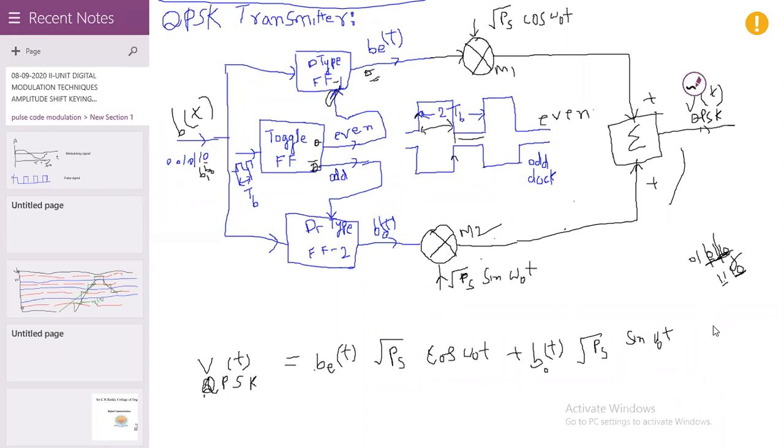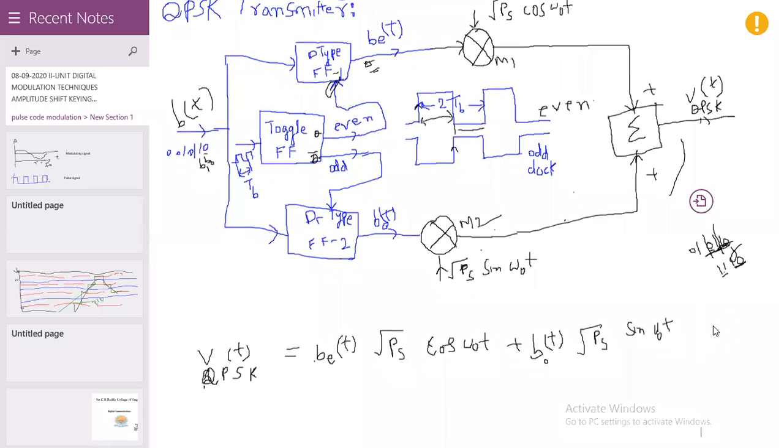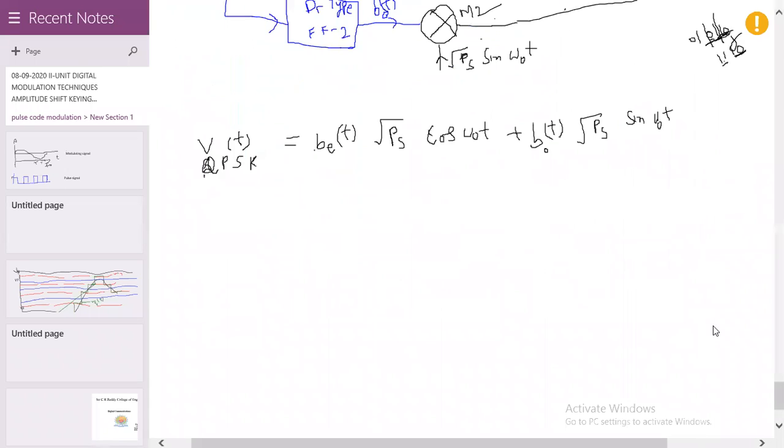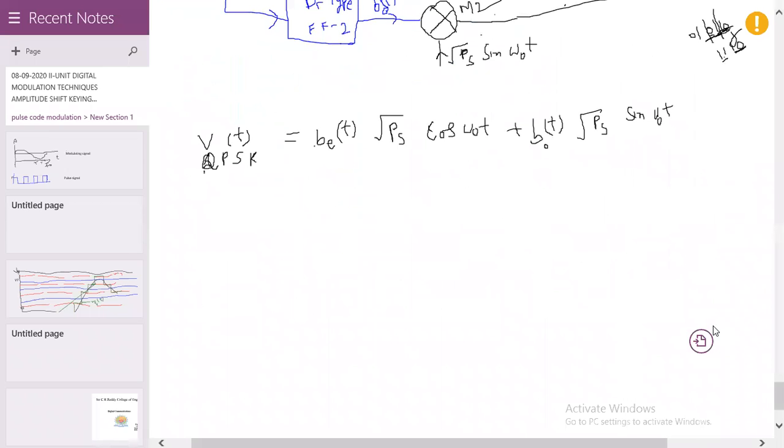Now we will draw the graphical representation or phasor diagram of this QPSK equation. Then you can understand what the angles are between each symbol, and what the angle is between that symbol with respect to the carrier. Please concentrate on this one.